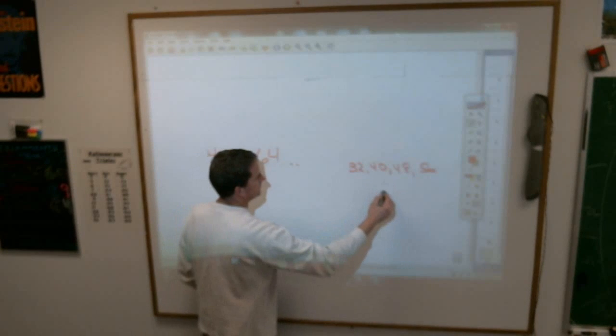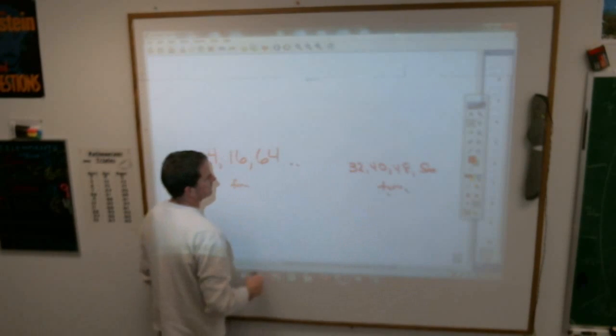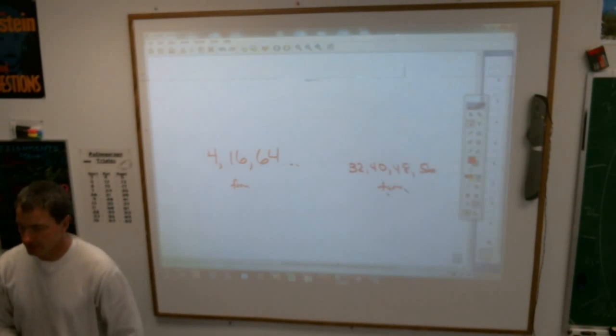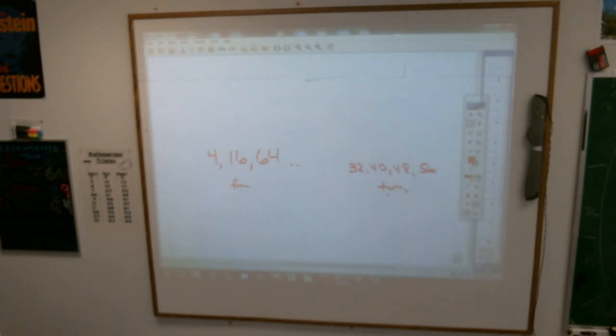The formula. Follow the steps. Box them. Look at what you do between terms. Figure out whether it's arithmetic or geometric. That'll tell you if you use exponents or if you just use multiplication.